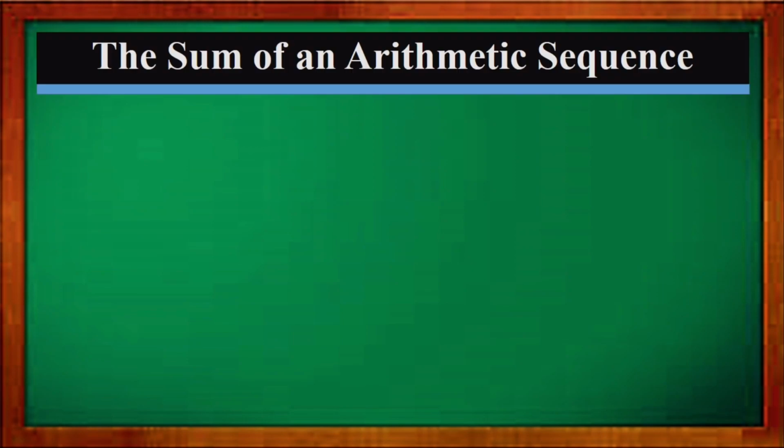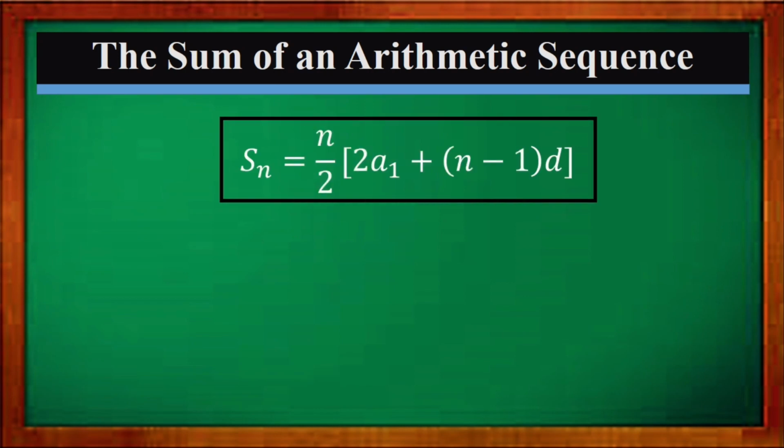Okay, after we discuss the process of getting the nth term of an arithmetic sequence, let us now proceed to the sum of an arithmetic sequence. And the formula in getting the sum of an arithmetic sequence is given by this.